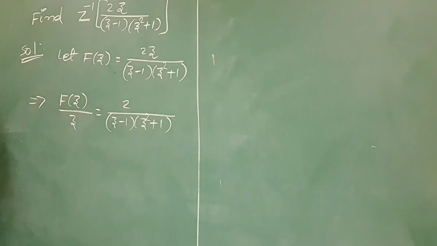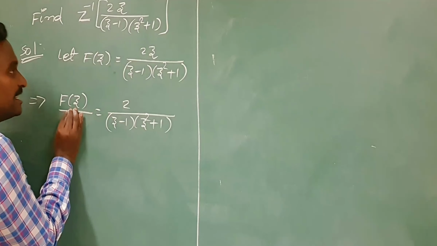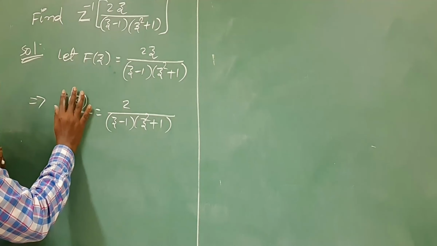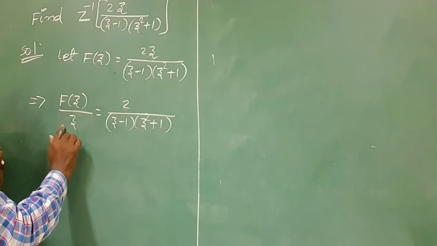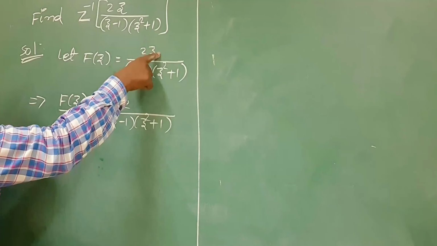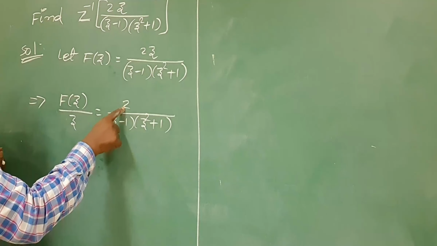If you do not divide by z on both sides, at the last step we can't apply any formula of inverse Z transforms. That's why here we are hiding one z, which is in the numerator of the given function, in the left hand side denominator. For that purpose only I am dividing by z on both sides. Here the dividing z and the numerator z get cancelled, remaining only 2.